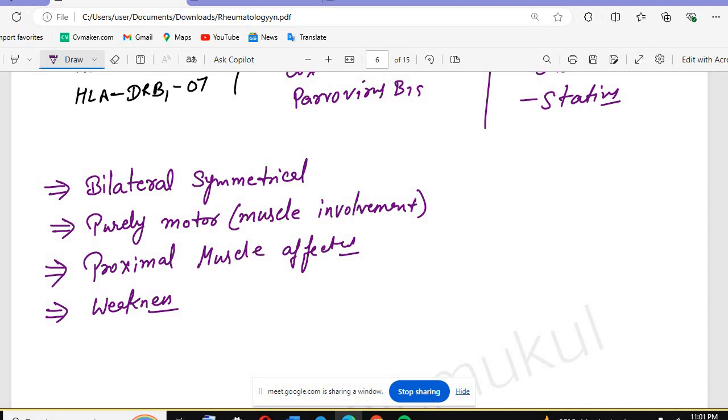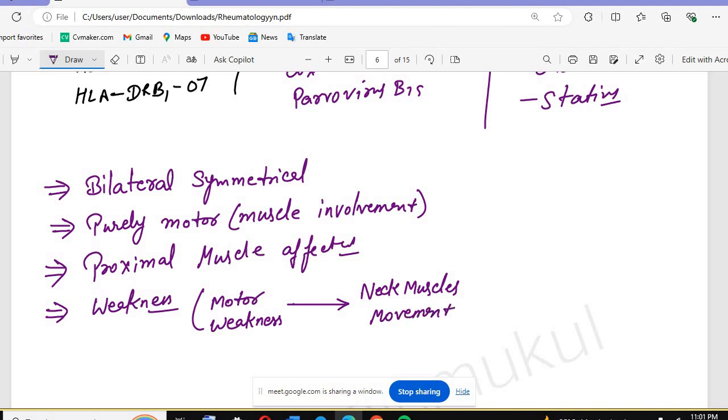If we talk about the progression of the weakness, firstly there will be motor weakness; he will not be able to pick up something. After that, the neck muscle movement will be affected, and then it will progress to dysphagia, meaning a problem in swallowing, because the swallowing muscles will not be able to work properly.